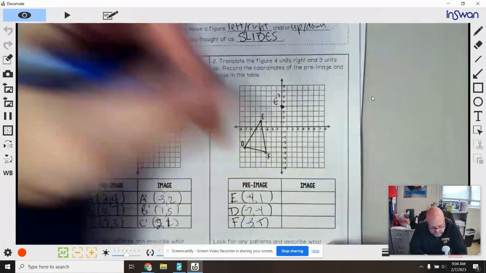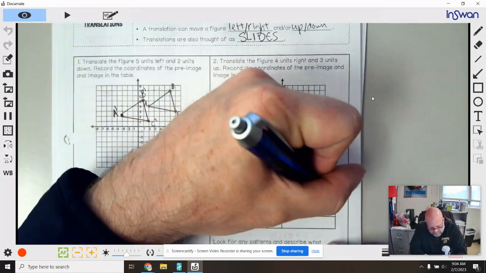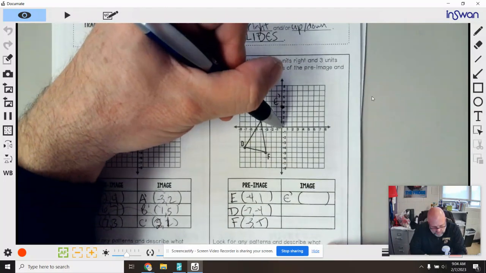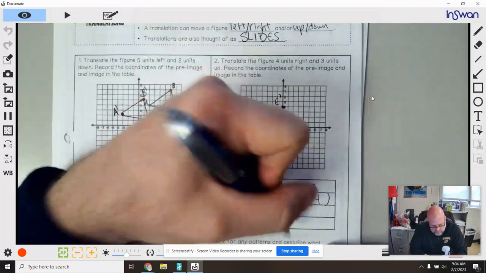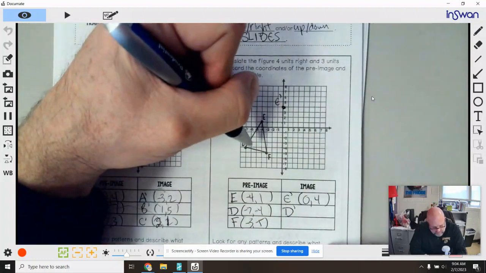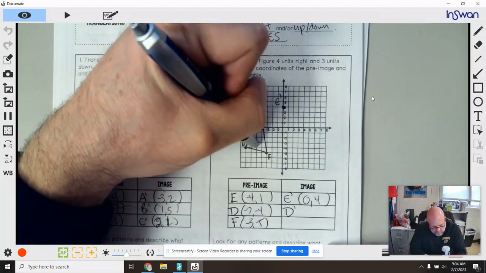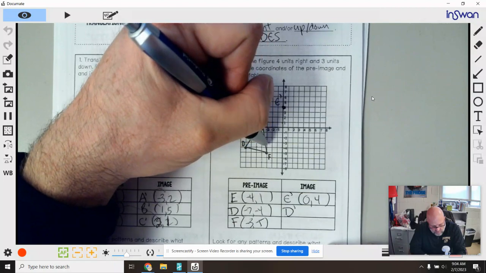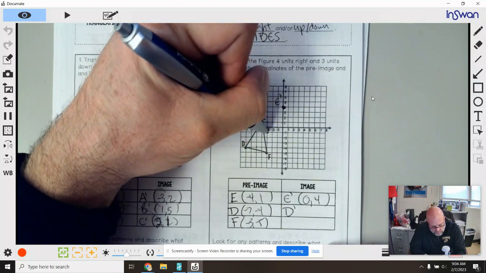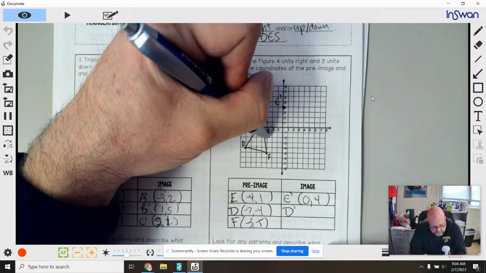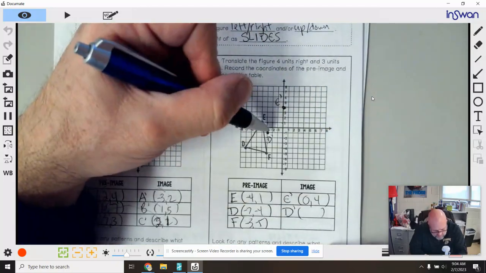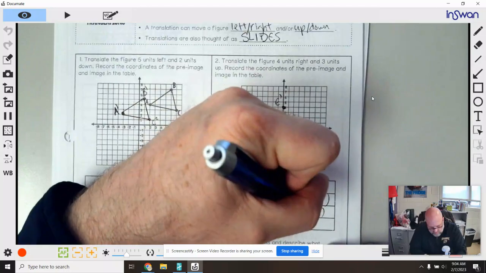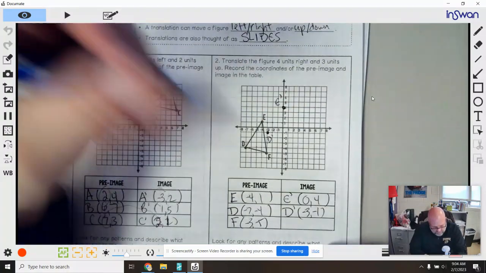Okay, we're going to label our new point as E prime. So we're at 0, 4. Okay, D prime, going 1, 2, 3, 4, and then 1, 2, 3 up. And that's going to be D prime. So our D prime value is at -3, -1.